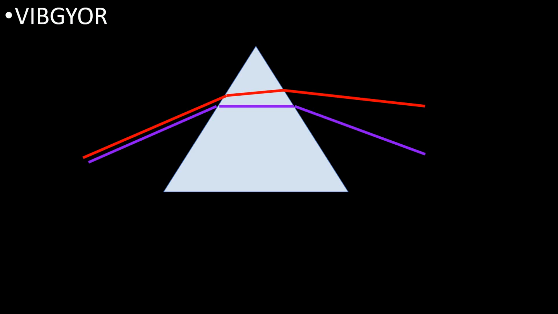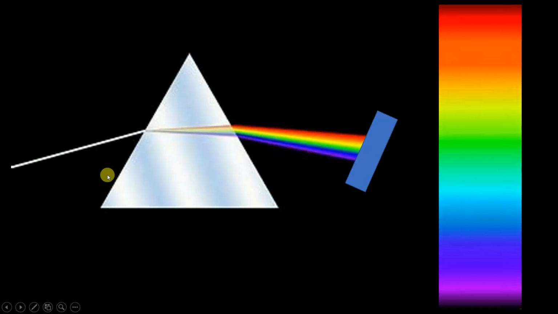Now due to this difference in refraction, when you pass a white light, which consists of different colors, these different colors get dispersed on the screen. Can you see over here? Different colors are observed: red, violet, indigo, blue, green, yellow, orange, all these colors are observed on the screen.